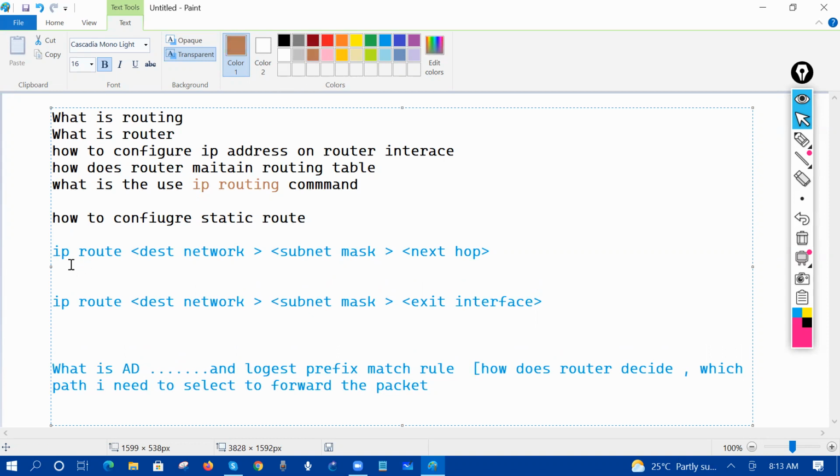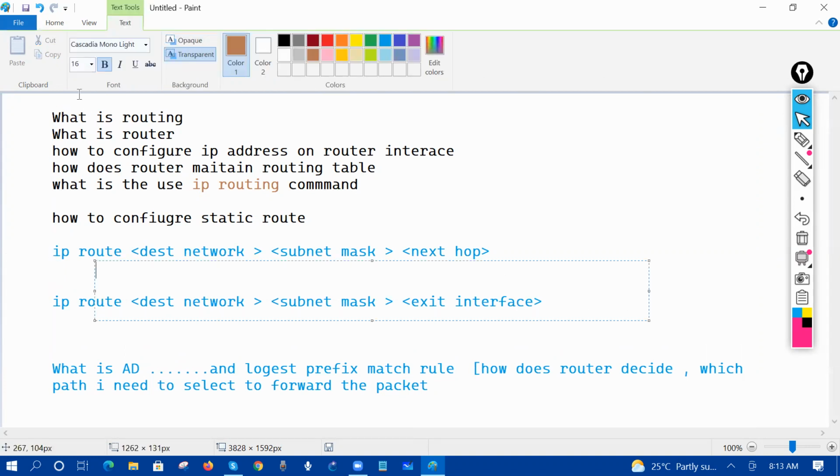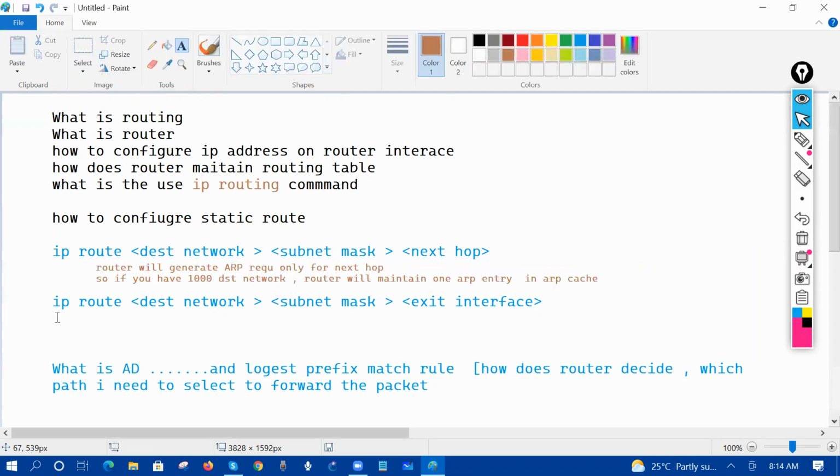In this case, the router will generate an ARP request only for the next hop. So if you have 1000 destination networks, the router will maintain only one entry in the ARP cache. Cache is like a small memory, right? In this case, what happened?